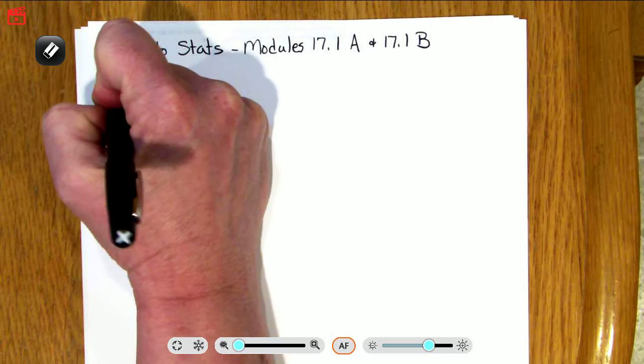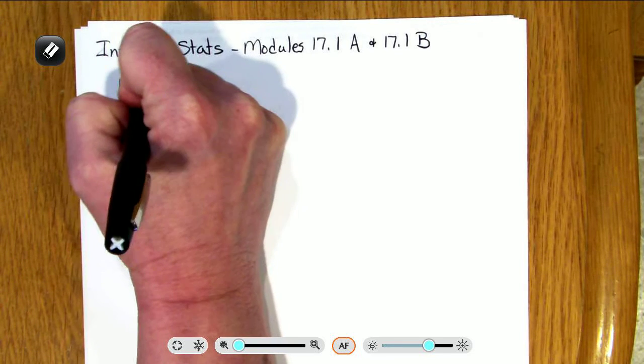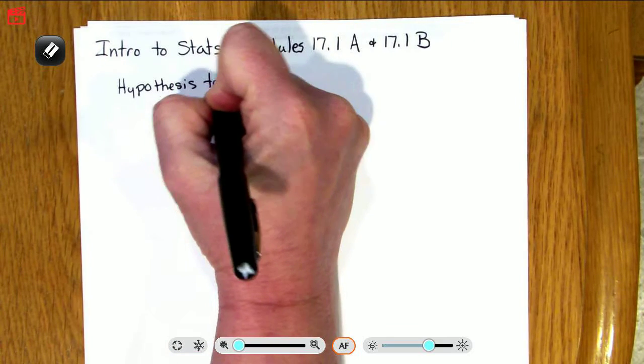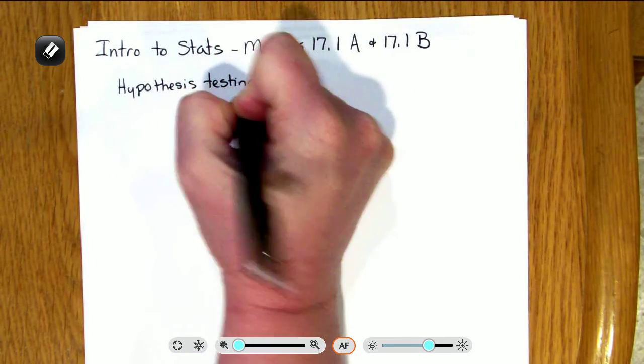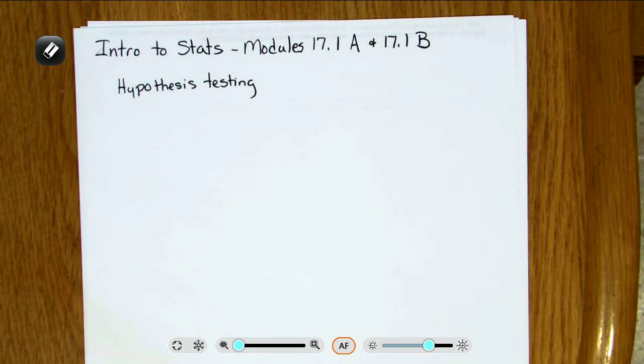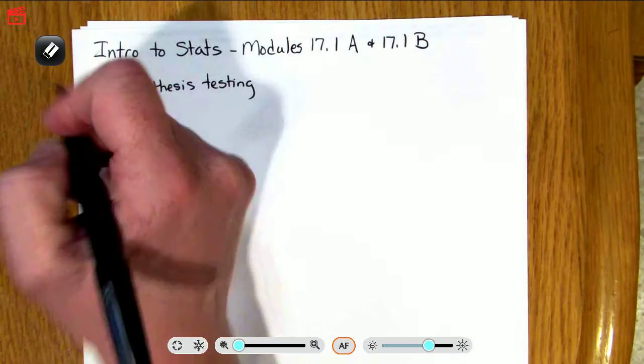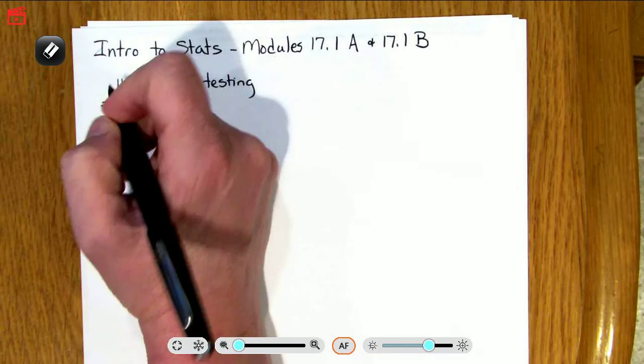And that part is called hypothesis testing. And this is done a lot because we want to see if things should change or not change and so forth. So I'm just going to first of all kind of do some definitions.